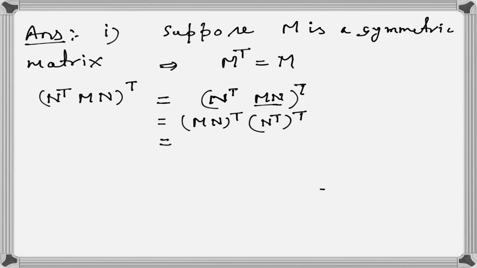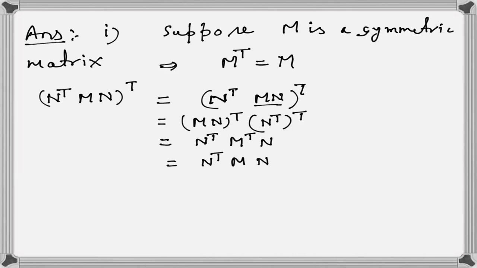So now again we can apply the transpose formula in this product of matrices. So this is nothing but N transpose M transpose N, and because M transpose is M, this is nothing but N transpose M N. So what did we show?